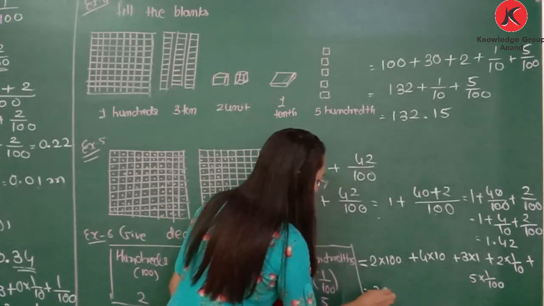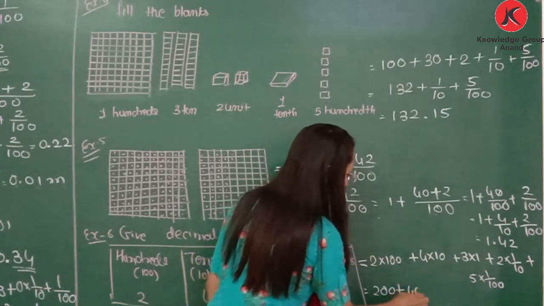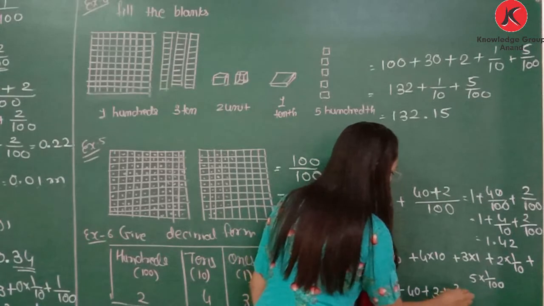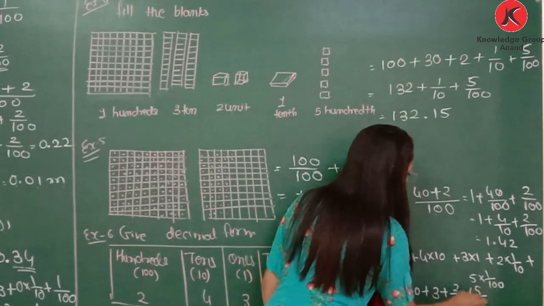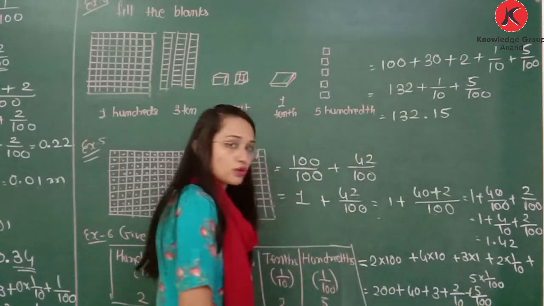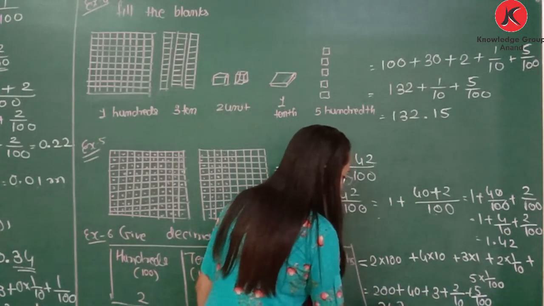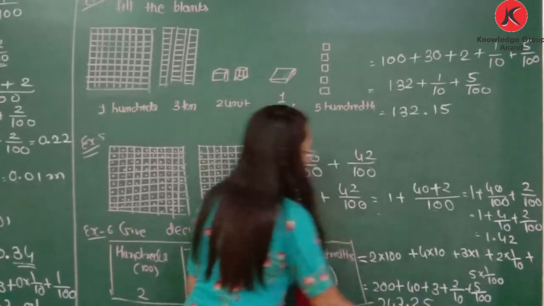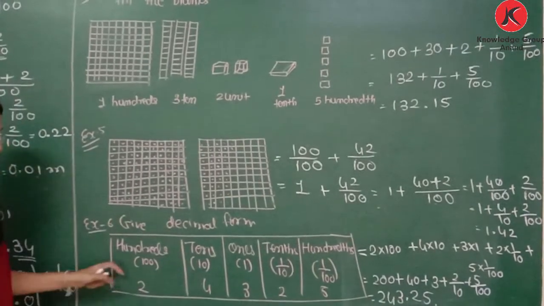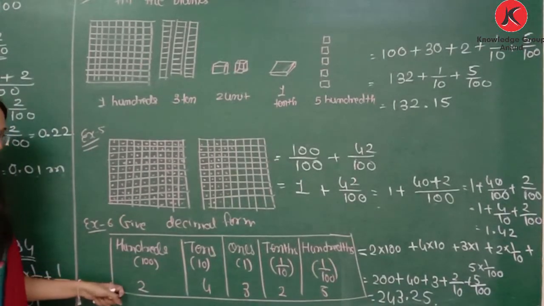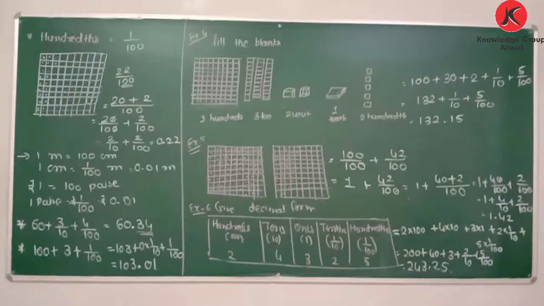So we can write it as 200 plus 40 plus 3 plus 2 by 10 plus 5 by 100. So in decimal form it is 243.25. So this place value table represents 243.25 as a decimal.